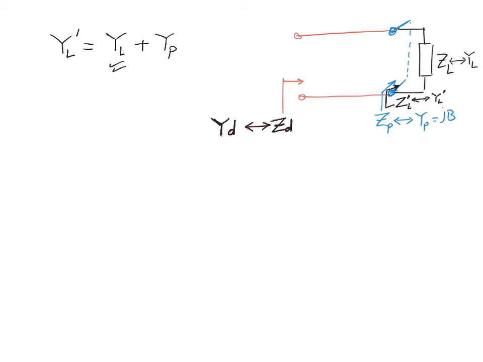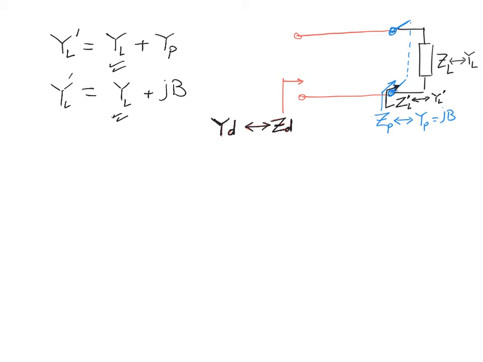Now again, this says that YL dash is equal to YL, which is known, plus some pure imaginary part.